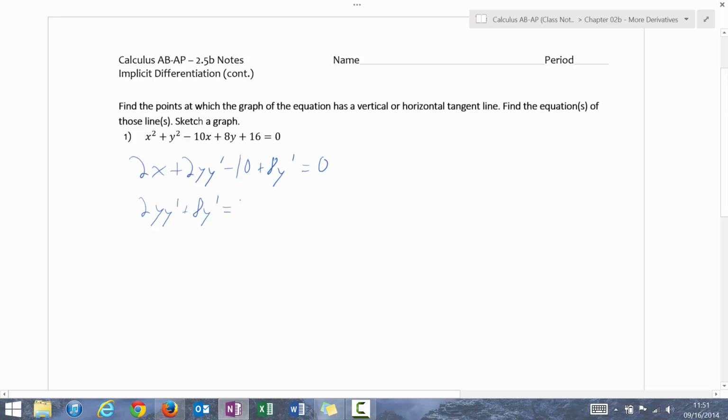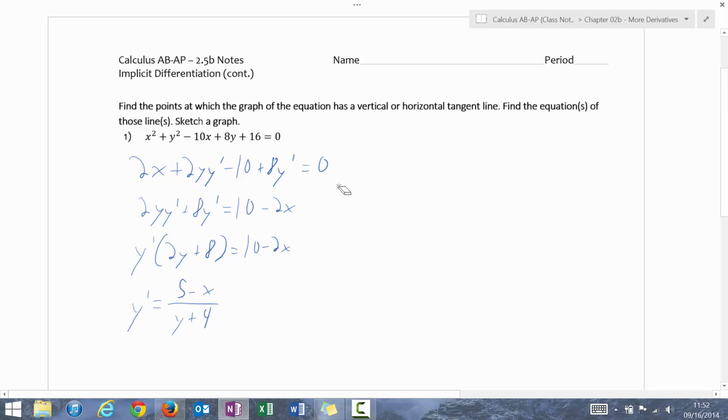So that's going to be equals 10 minus 2x. Factor out y prime, and I have 2y plus 8 is equal to 10 minus 2x. Let's divide both sides, and also take out a 2 from everything. I would get 5 minus x over y plus 4. And that's the first derivative.